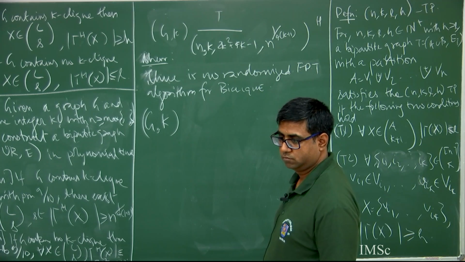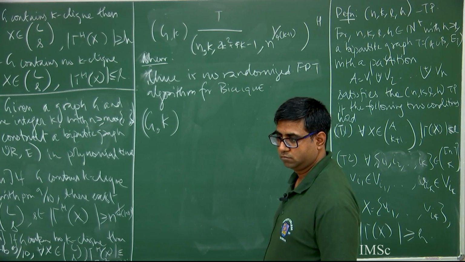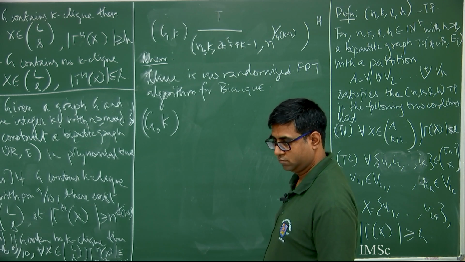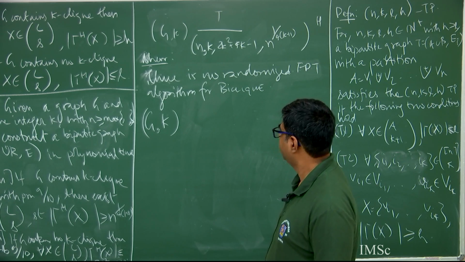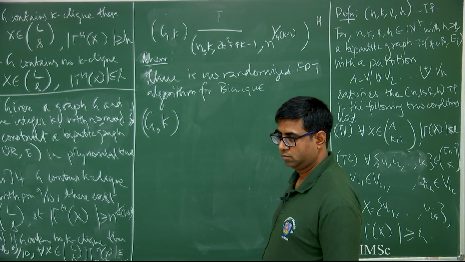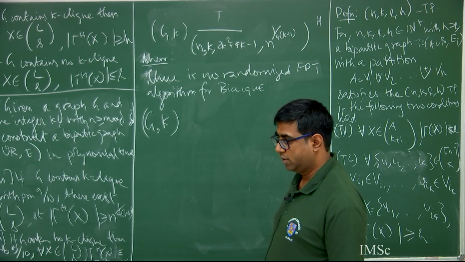Even if we have this reduction, suppose we have this algorithm. Then we should be getting an FPT algorithm, a randomized FPT algorithm.